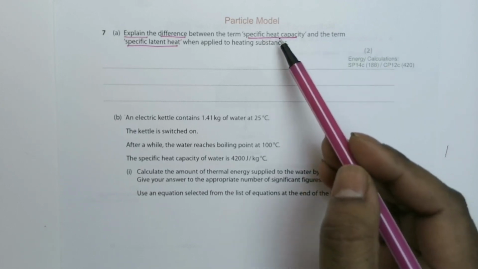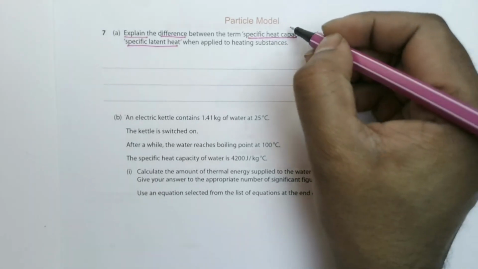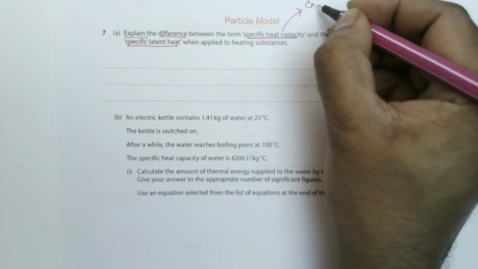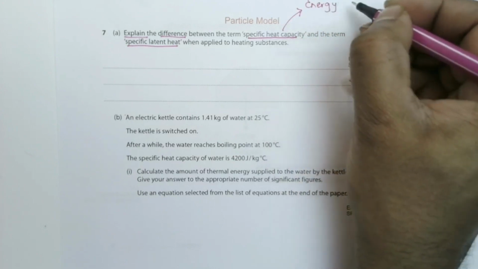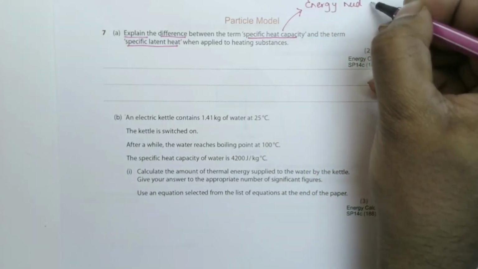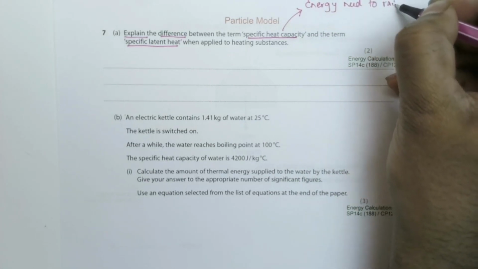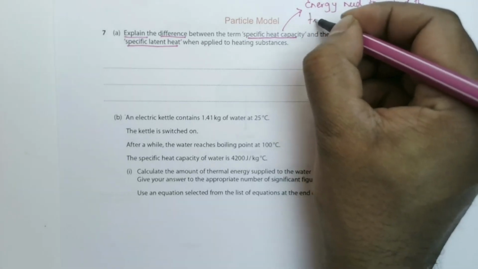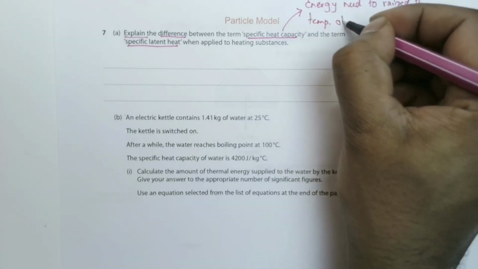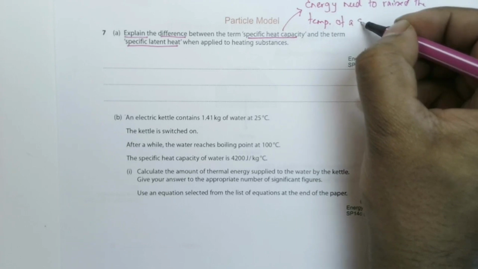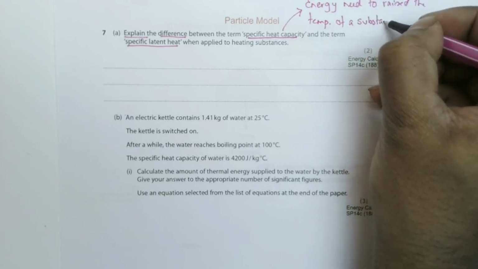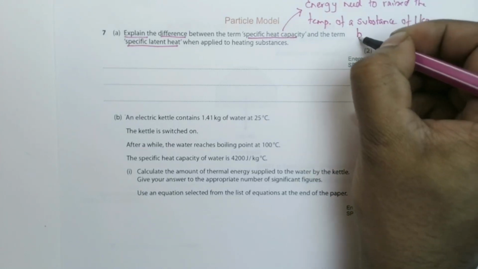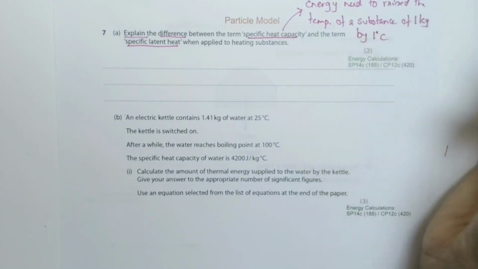So if you were to define specific heat capacity, it is the energy needed to raise the temperature of a material or substance of 1 kilogram by 1 degree Celsius.